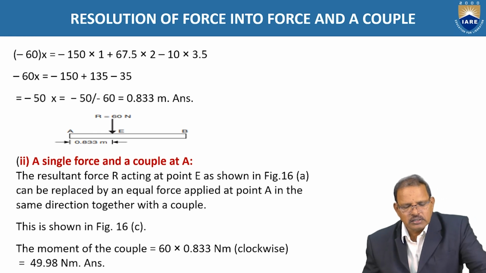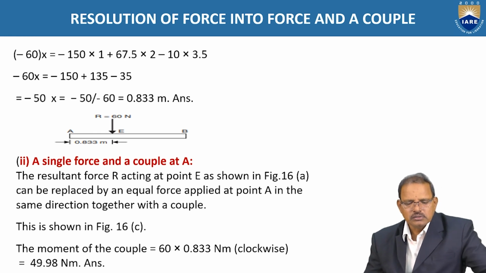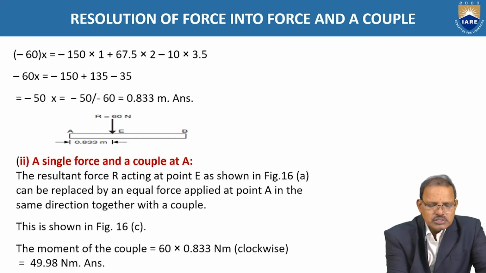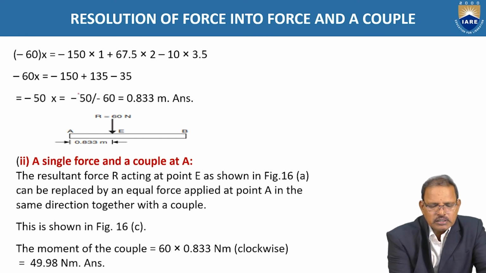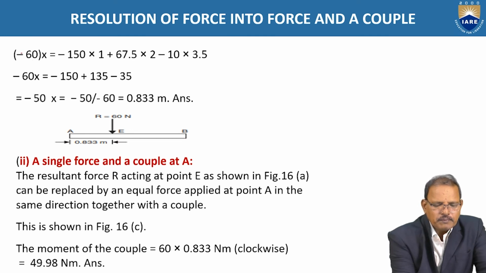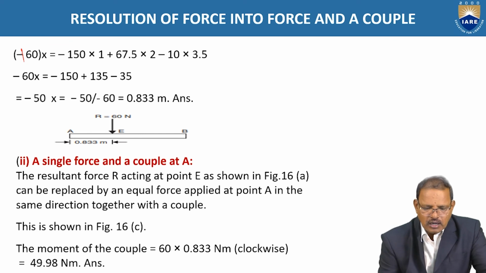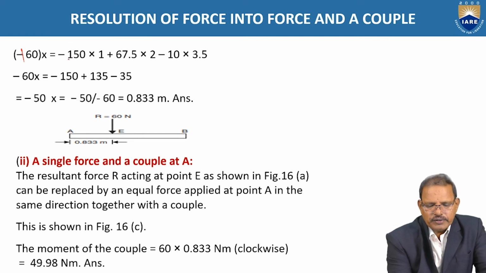From this relation we get x. Here minus 60x is equal to, now 150 is positive because it tends to rotate the body in clockwise, 67.5 is negative, and 10 into 3.5 is also positive.